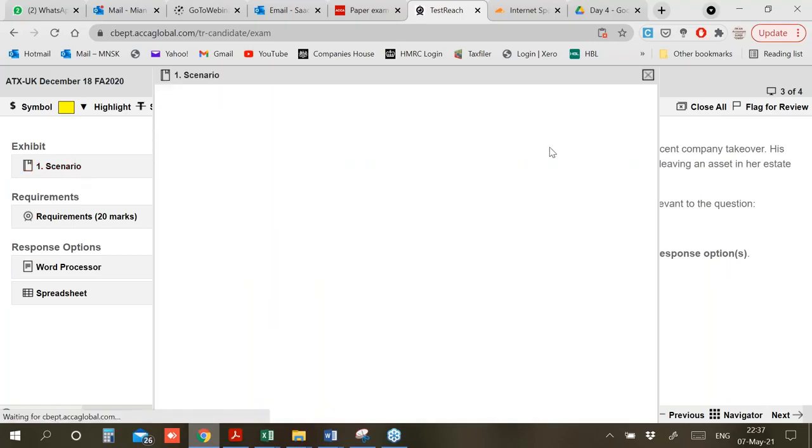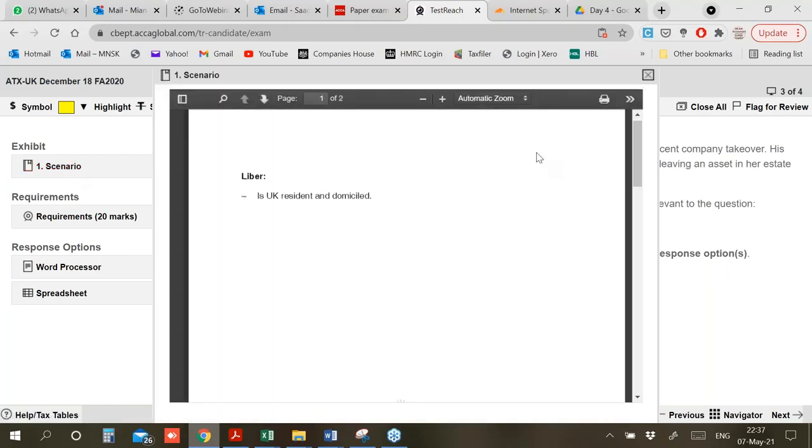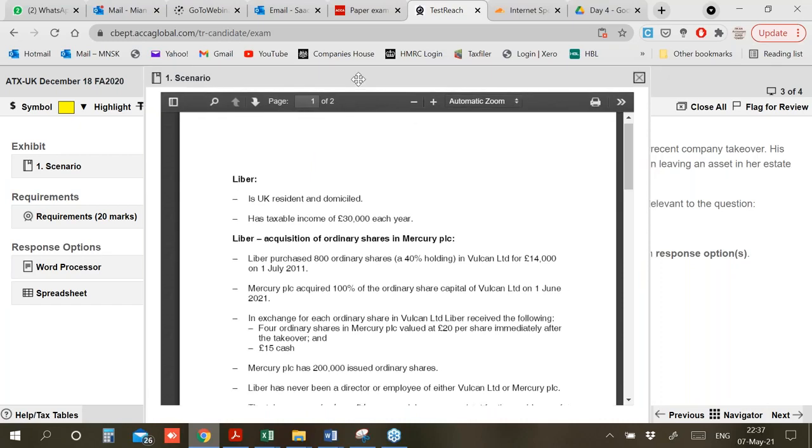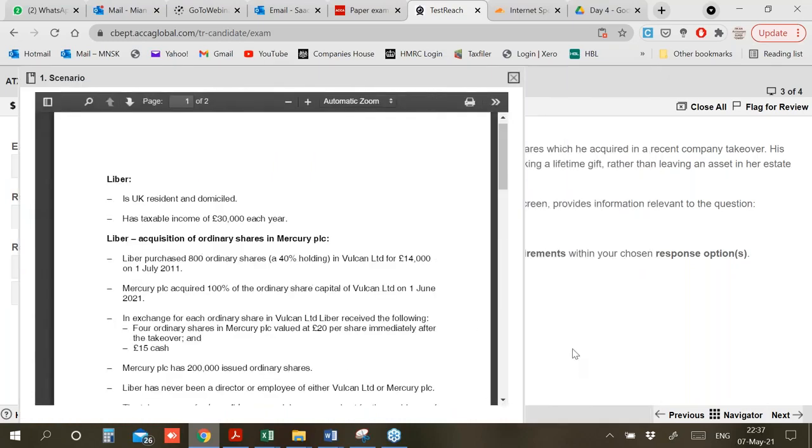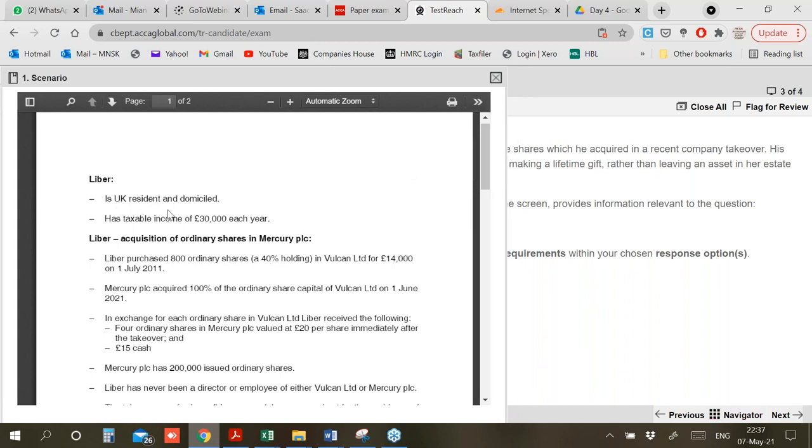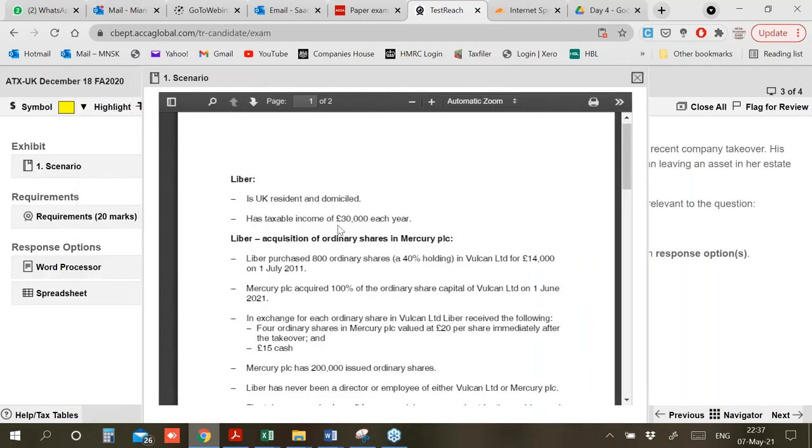So let's read the scenario. LIBOR is a UK resident and domiciled, has taxable income of 30,000 each year. So do remember her taxable income, guys, because it will help us to determine any implications.